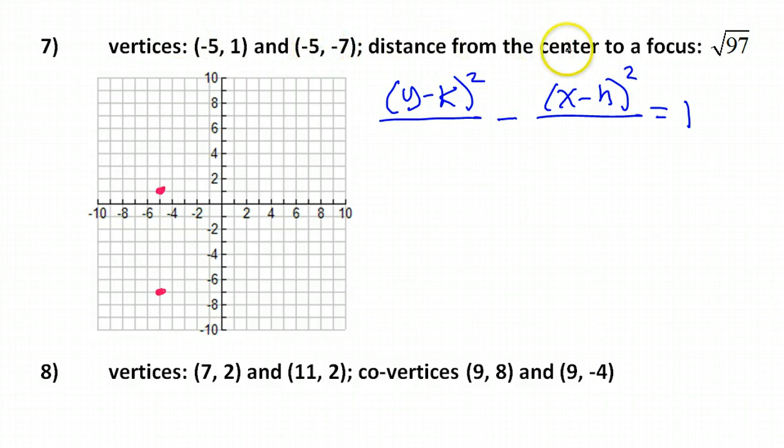The center should be halfway between these two. From -7 to 1 is a total of 8, so half of that would be 4. So this should be right in the center. That tells me my center is the point -5, comma -3.